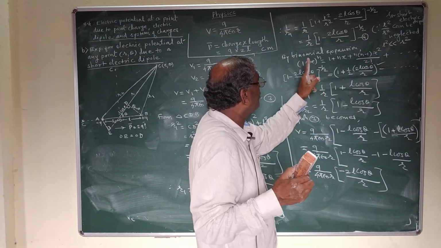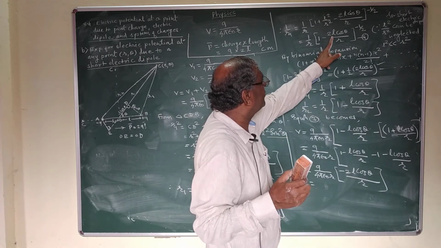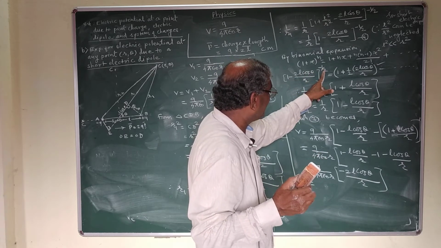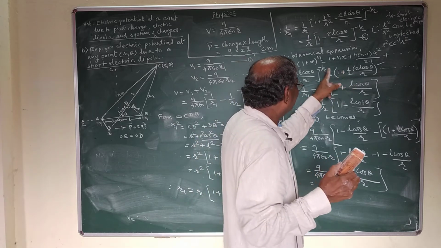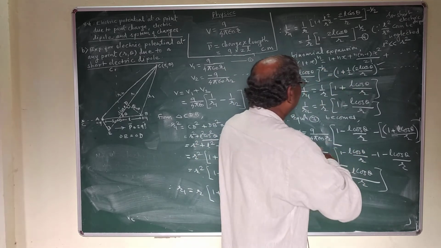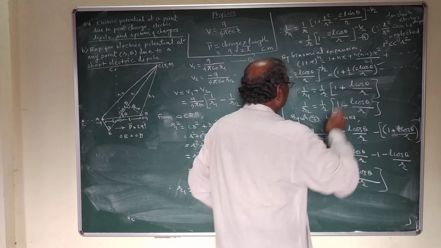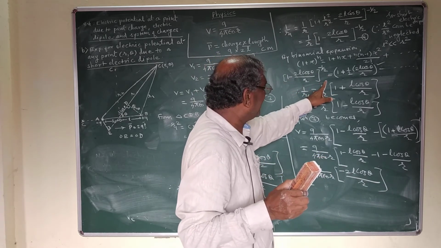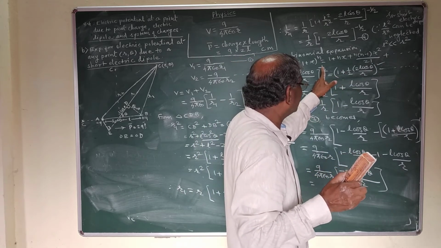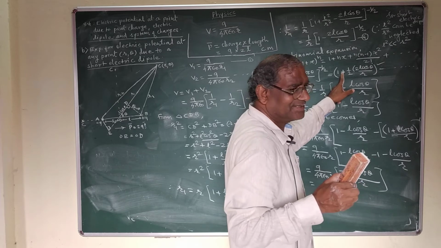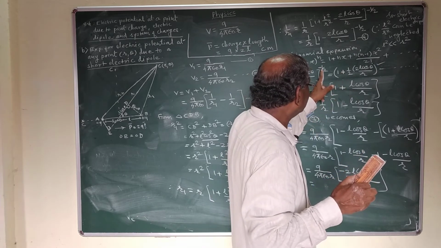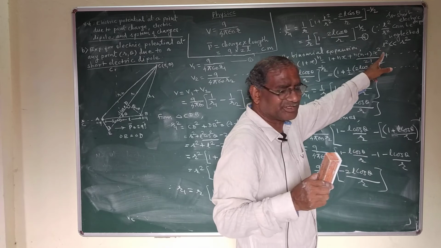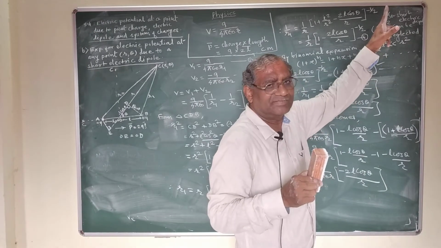Now by using this rule we have to find the value of this term, 1 minus 2L cos theta upon R to the power minus half, so that minus into minus is plus here. 1 minus nx, minus n into n minus 1 into x square, and so on in this way.